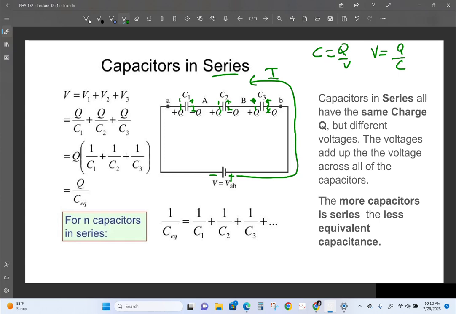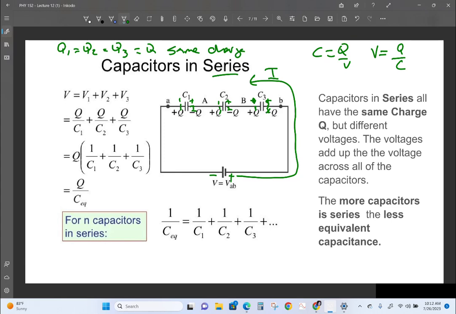So really, the total charge on all of these is going to be the same. Instead of saying Q1, Q2, and Q3, we can just say Q. Q1 equals Q2 equals Q3 equals Q. They have the same charge on them.